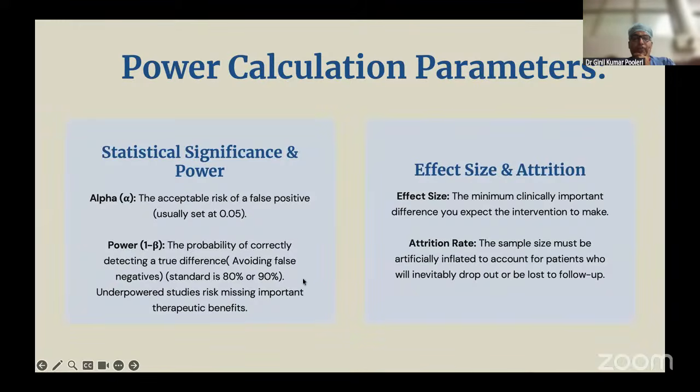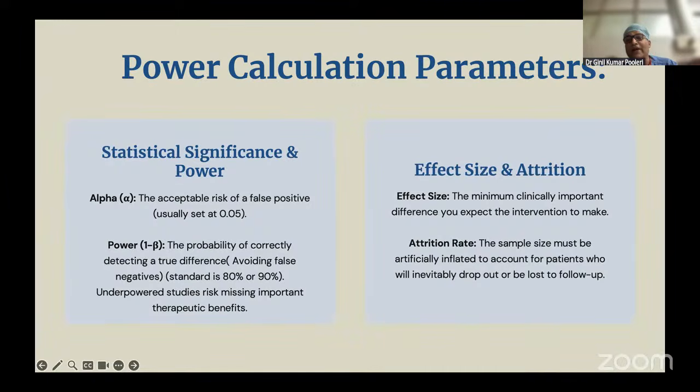Significance means if you have a false positive interpretation or outcome, then it can be dangerous for society. Suppose you have a drug that is not causing an effect, and you falsely tell that it is better, it can be dangerous for society. So this is one factor we have to avoid, and this is done by significance.